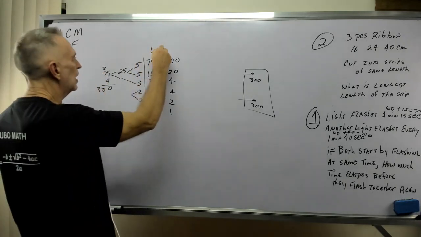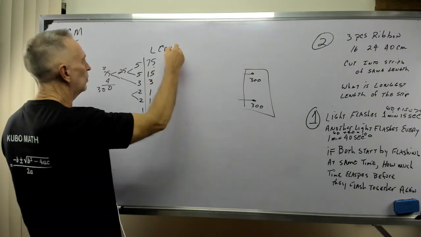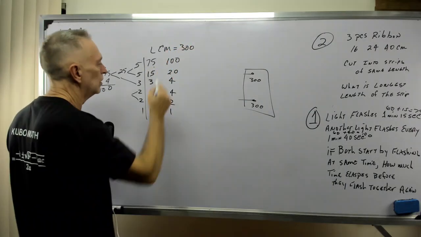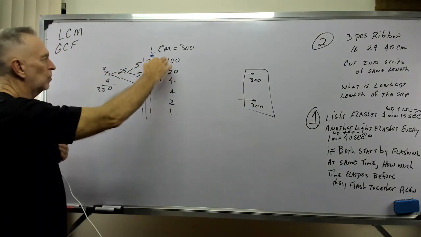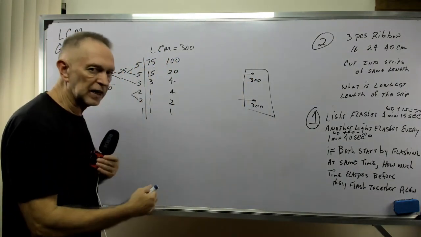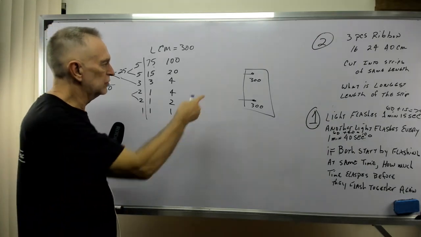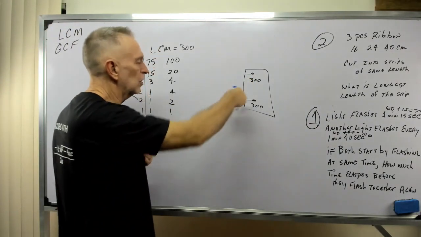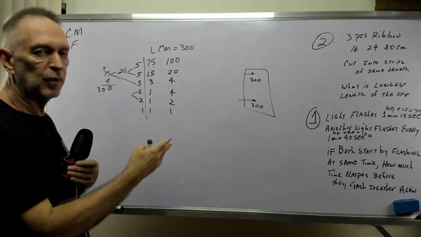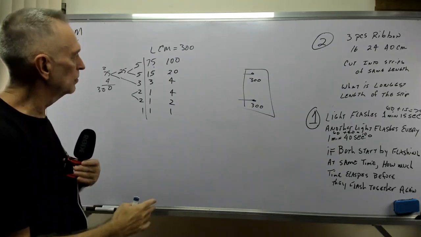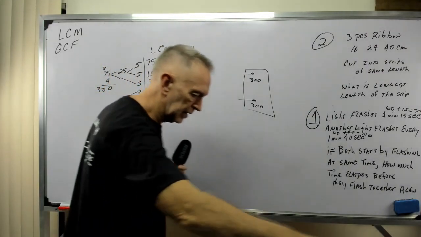So the least common multiple of 75 and 100 equals 300. So we didn't have to draw the scale. We could have said, wow, every 300 seconds, it's a common multiple. They're going to both flash at the same time. That's an example of least common multiple. Okay?